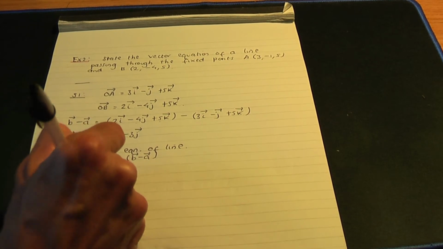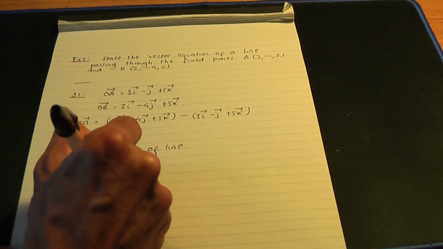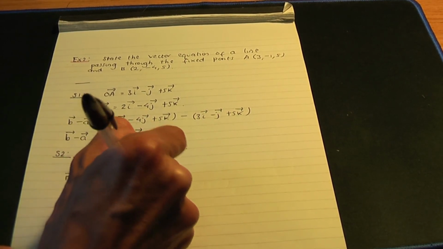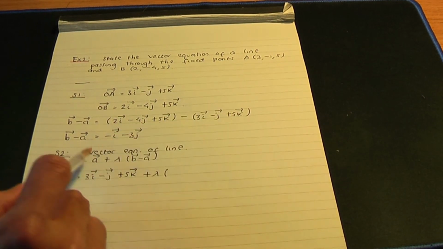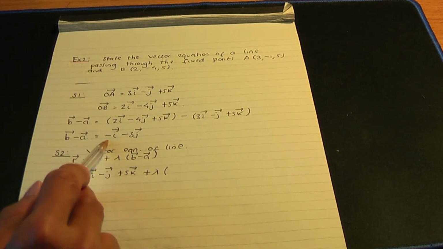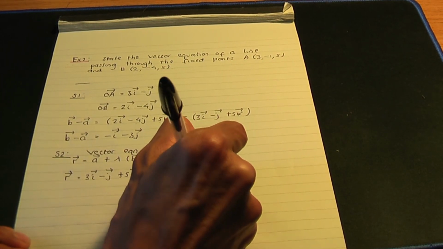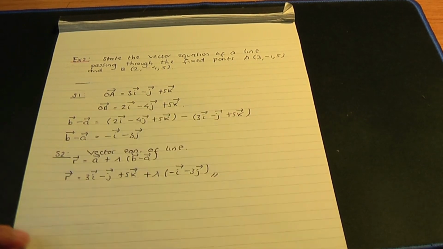Substituting what we have, vector a is 3i minus j plus 5k, plus lambda, open a bracket, b minus a arising from step 1, that is minus i minus 3j. So that completes this example.